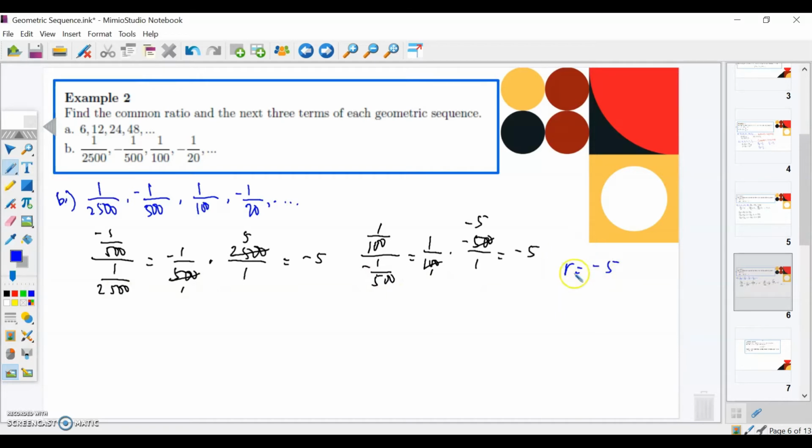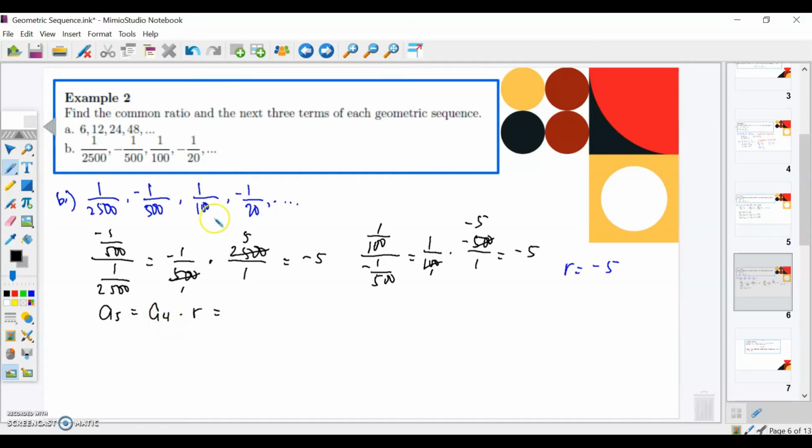We're going to use this to determine the next three terms of this sequence. Since we stop with our fourth term, I will compute the next term, which is a sub 5. A sub 5 is a sub 4 times the common ratio.